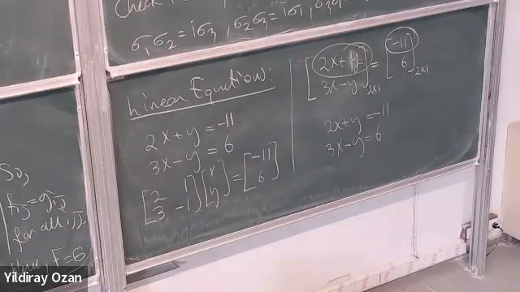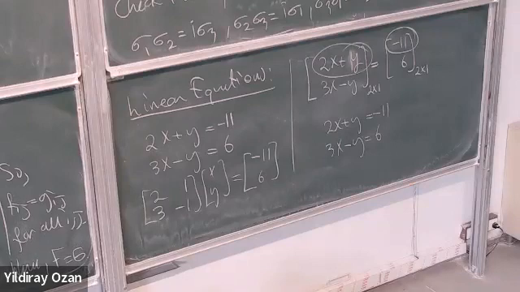Meaning that here you have x, y, and then z. You should have them in the same order. So first the x term should come here, so minus x, and then plus y, and then 2z equals 0. And then here you have 3y equals 2. Okay.